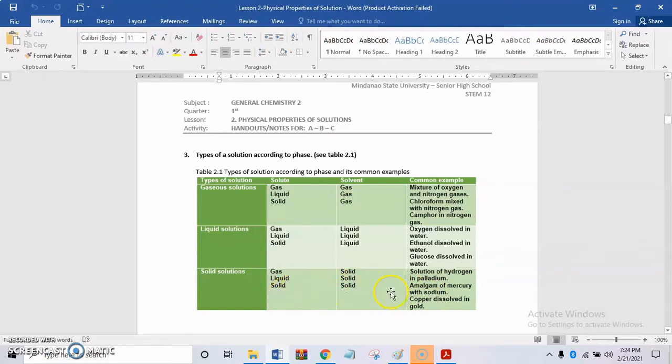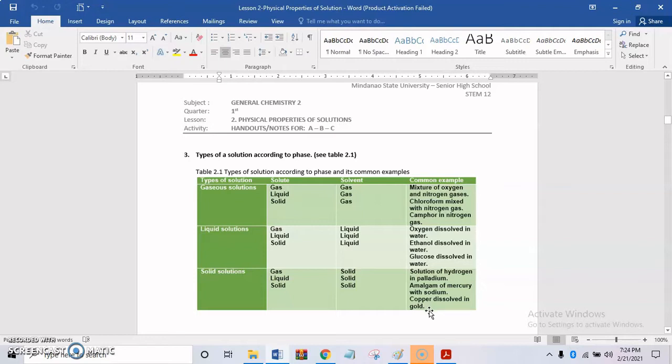Then solid to solid. Example niyan is yung copper natin na dinidissolve sa gold. Yung ating mga alahas, our jewelries is not pure gold. They are mixtures of alloys because pure gold will make your jewelry more malleable or mas madali siyang ma-deform.